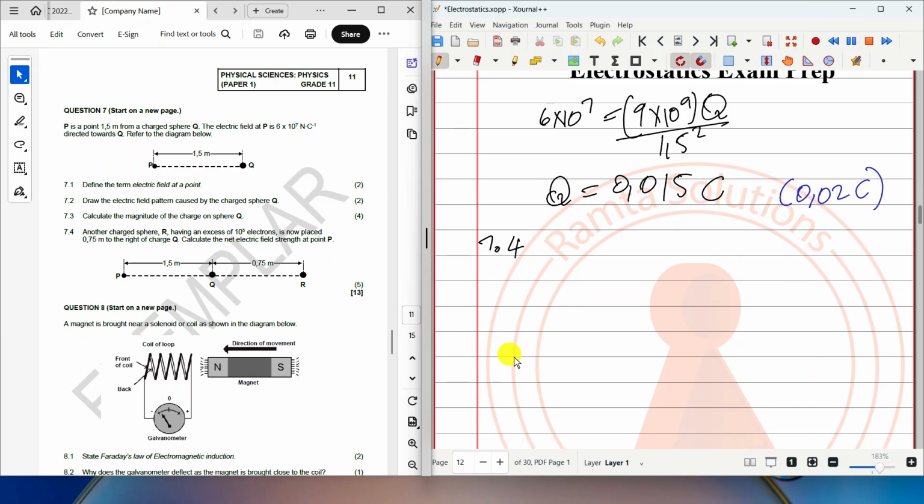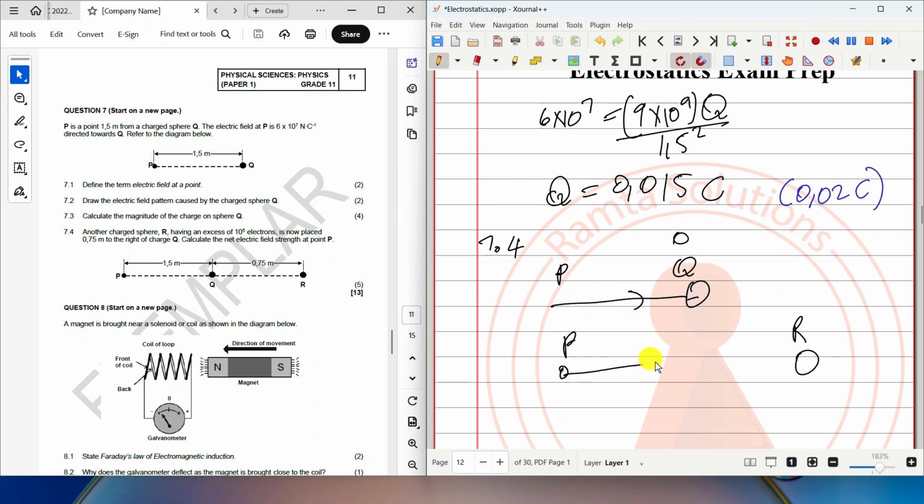Now here's the thing, guys. I want to show you. If you look at, let's say this is P and then this is Q, we have shown that Q is negatively charged, isn't it? So the field lines will be like this. And then again, the very same point P, and let's say R. They said it has an excess of electrons.